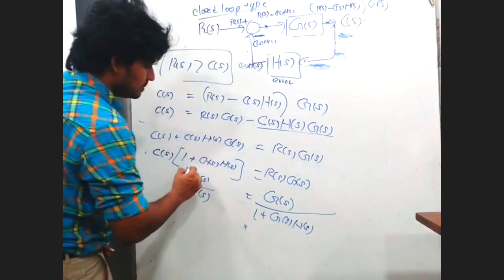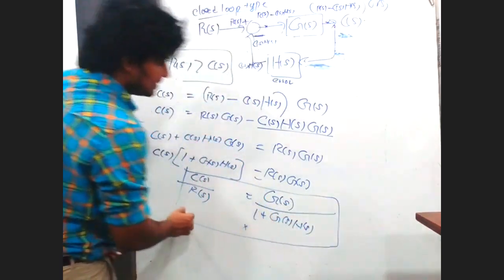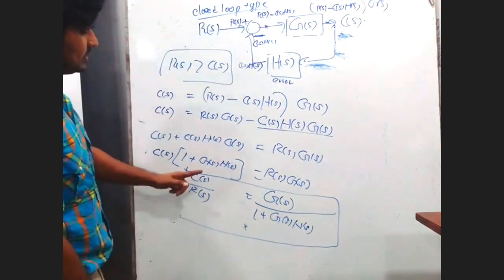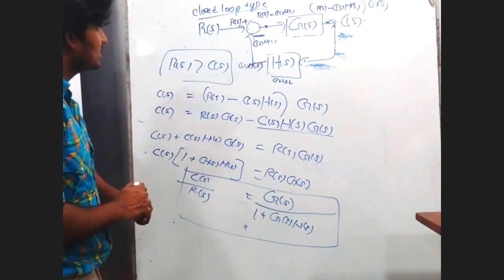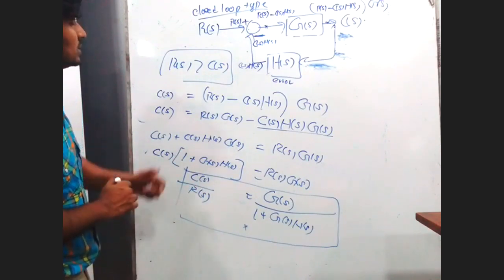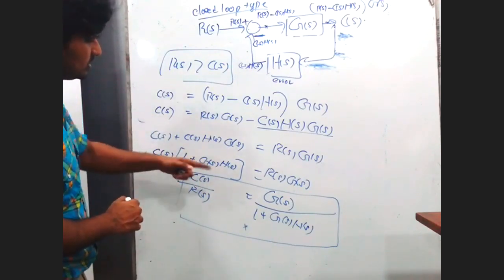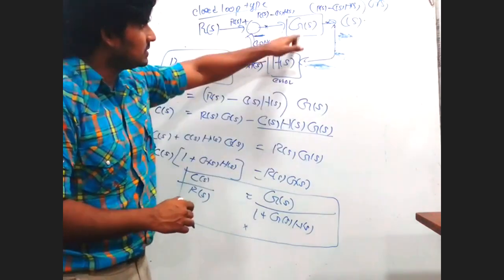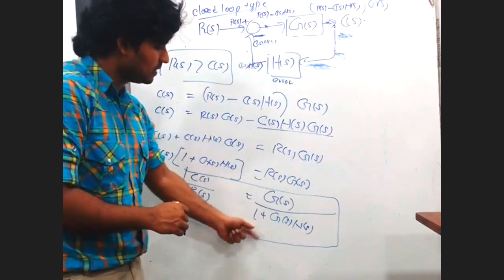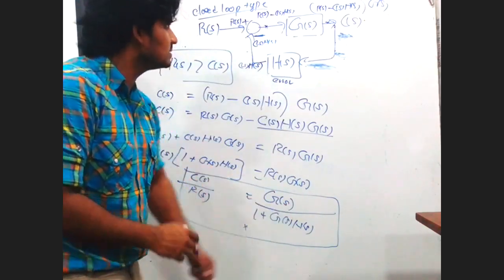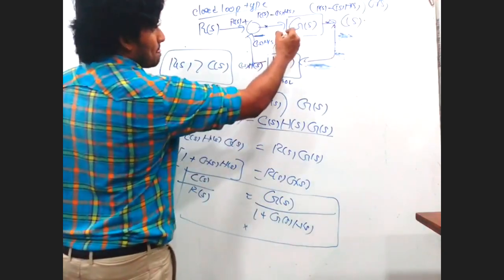Cs divided by Rs is what we define as the transfer function, or the control ratio. So the control ratio is equal to Gs, which is the forward function, divided by 1 plus Gs into Hs, the loop.